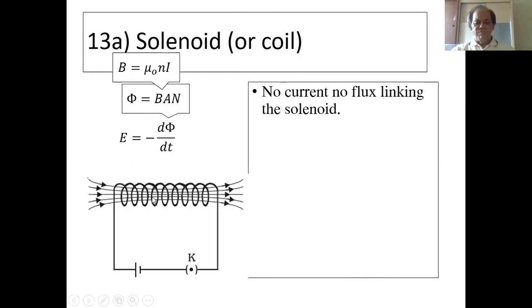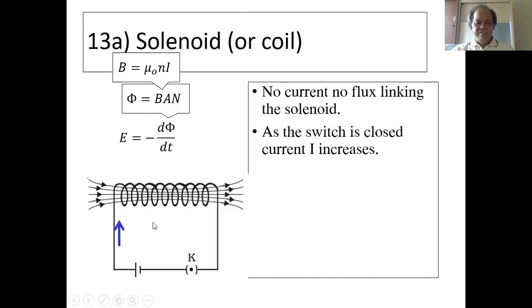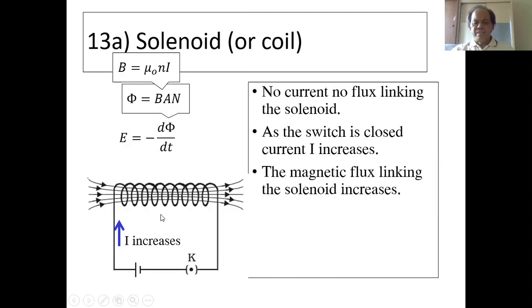So that basically tells you the current is the one that causes the induced EMF. No current, no flux change in the solenoid. As the switch is closed, current increases from the positive terminal of the battery. The magnetic flux linking the solenoid increases.